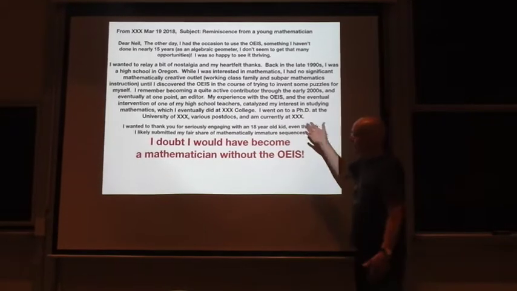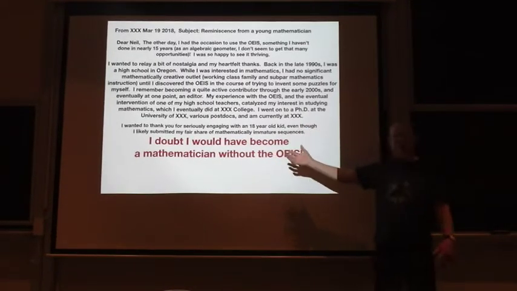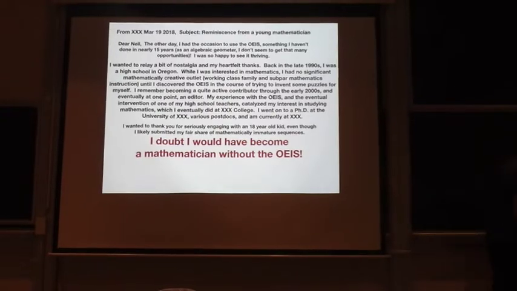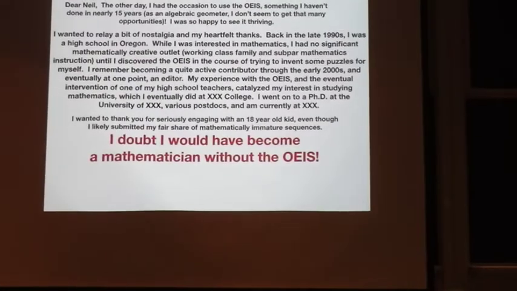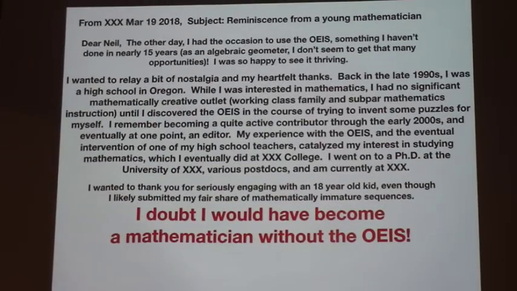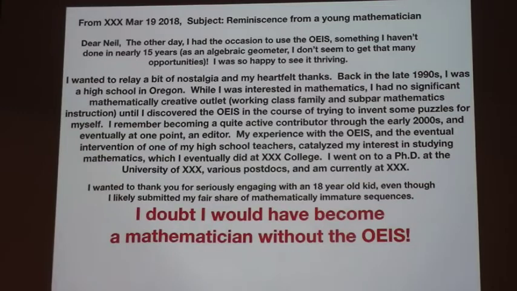But he says that he wanted to thank me for encouraging him. He said without the OEIS, he would never have become a mathematician. Too bad that you became a roboticist instead of a combinatorial number theorist.